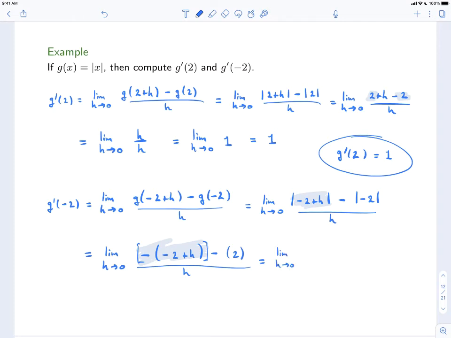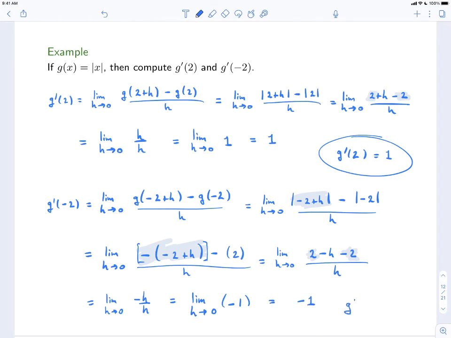So we have the opposite of negative 2 is positive 2, minus h, minus 2, divided by h. And now this 2 cancels with that 2, and you're just left with negative h over h. So the limit as h goes to 0 of negative h over h. And these cancel again, and we're left with negative 1, which just like last time is a constant, so it's just minus 1.